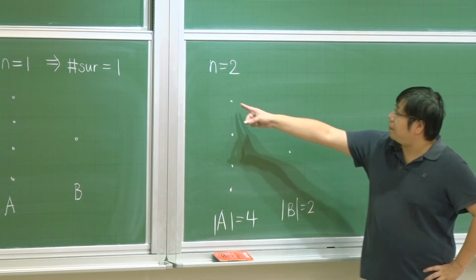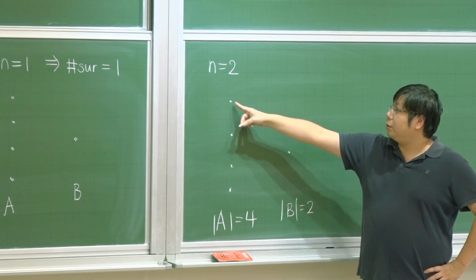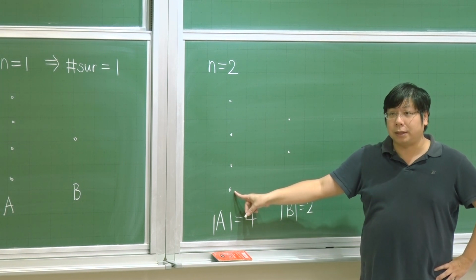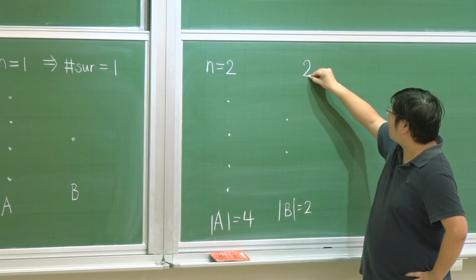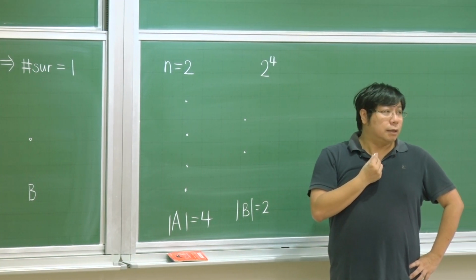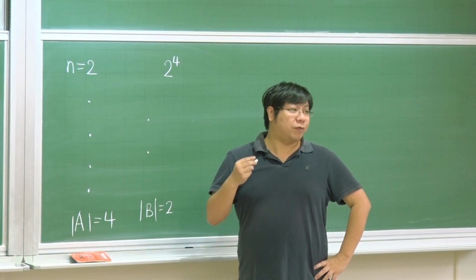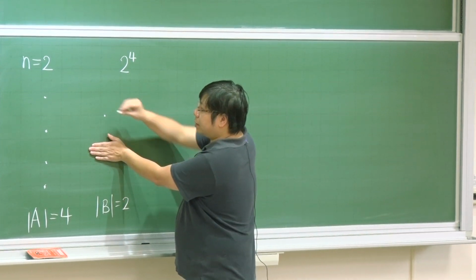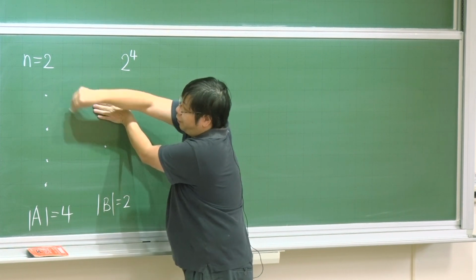Each function must map an item here to one of the items here. So there are 2 choices for this one, 2 choices for this one, 2 choices for this one, and 2 choices for this one. So the total number of functions is equal to 2 to the power 4. Now, most of these functions are surjections, but some are not. In particular, there are functions that map every item into this node, or map everything into this one.